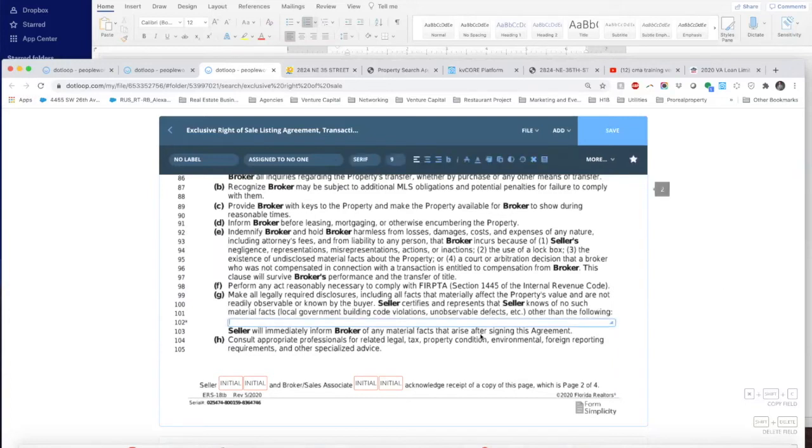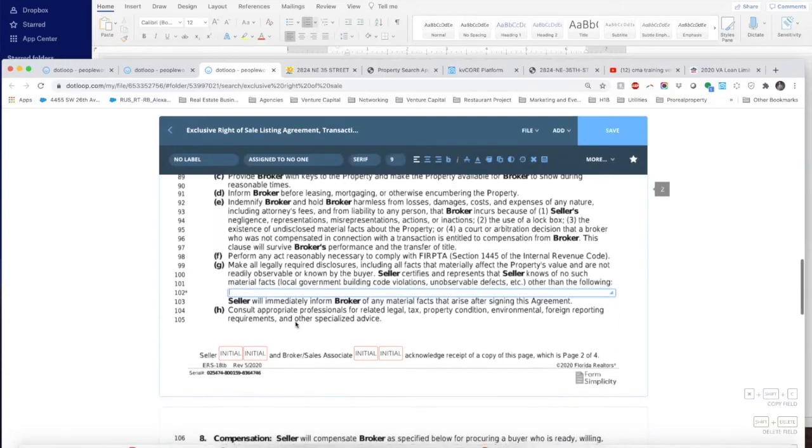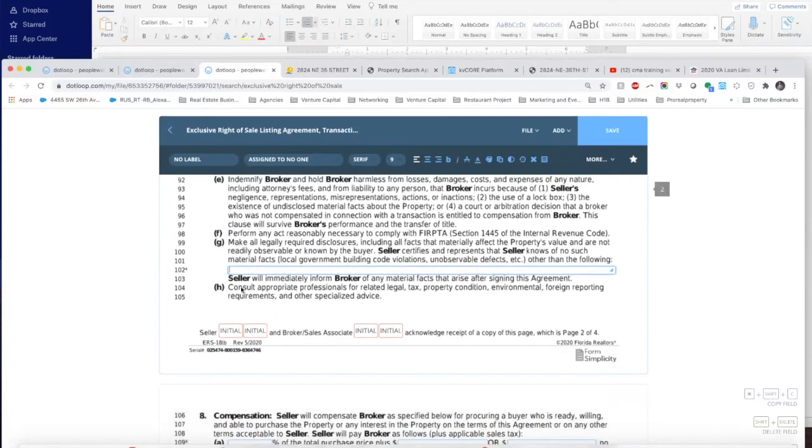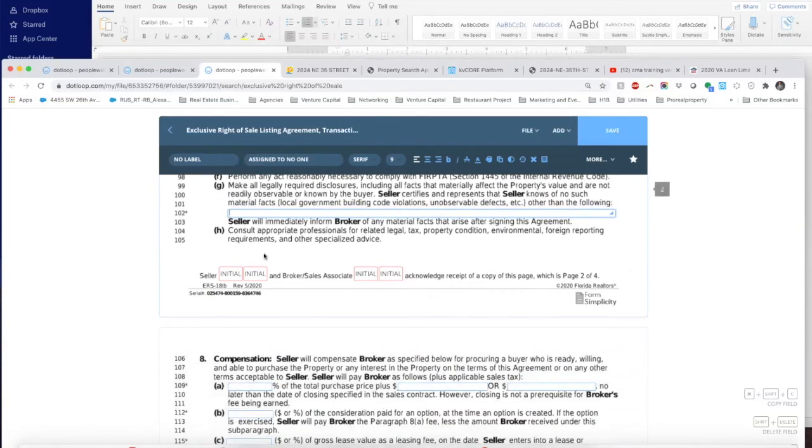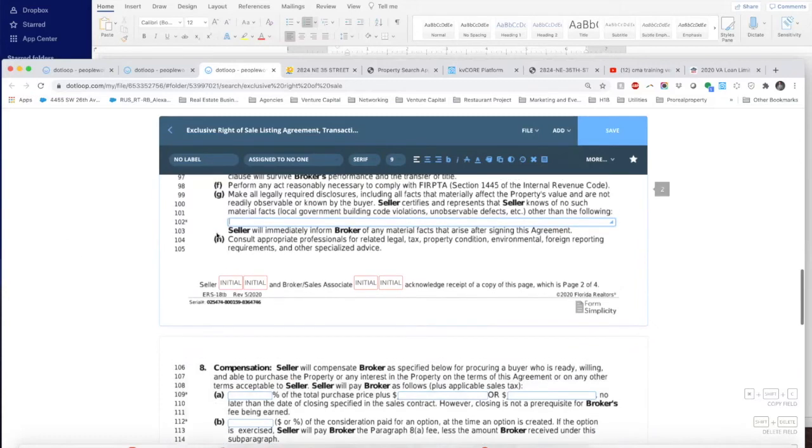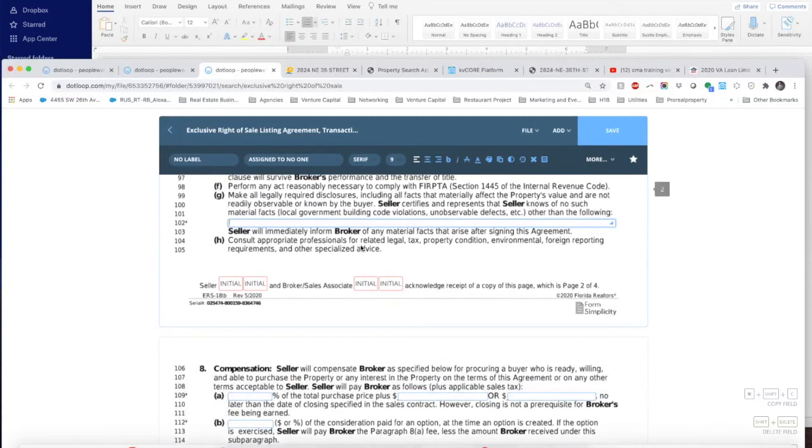So if they know something, they need to write it down here. Seller will immediately inform broker of any material facts that arise after signing this agreement. So even if something occurs after this agreement was signed, they need to inform you according to this agreement. H. Consult appropriate professionals for related legal, tax, property condition, environmental, foreign reporting requirements, and other specialized advice.